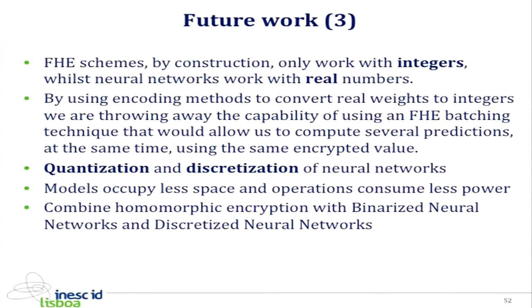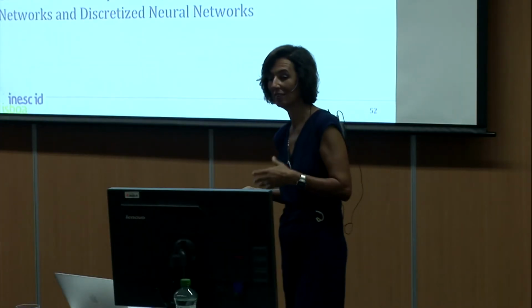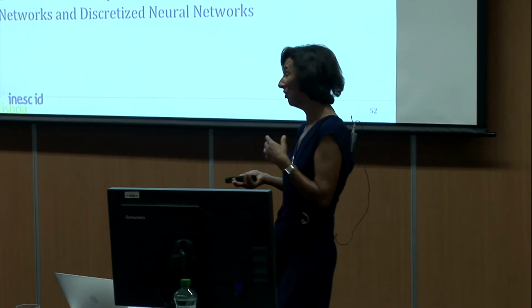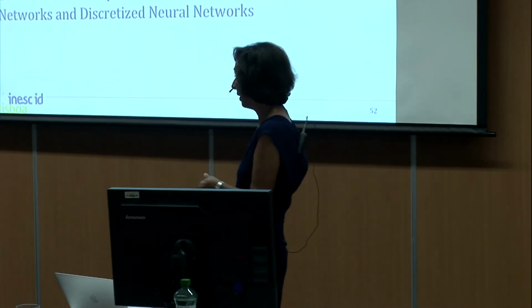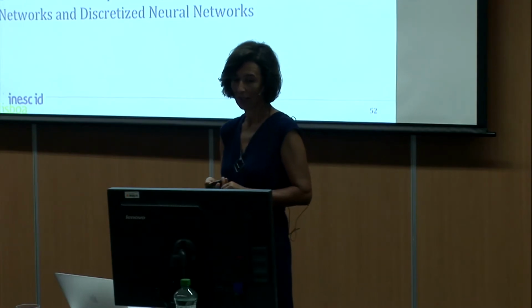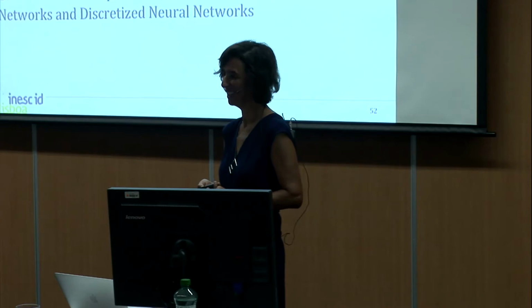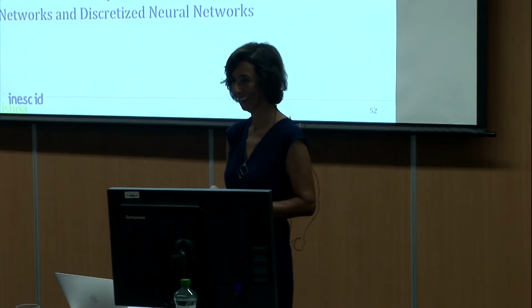So what we are now doing is to take advantage of the very recent work in binarized neural networks or discretized neural networks and combining them with fully homomorphic encryption. And we are getting promising results, but it's kind of a bit too early to talk about them.